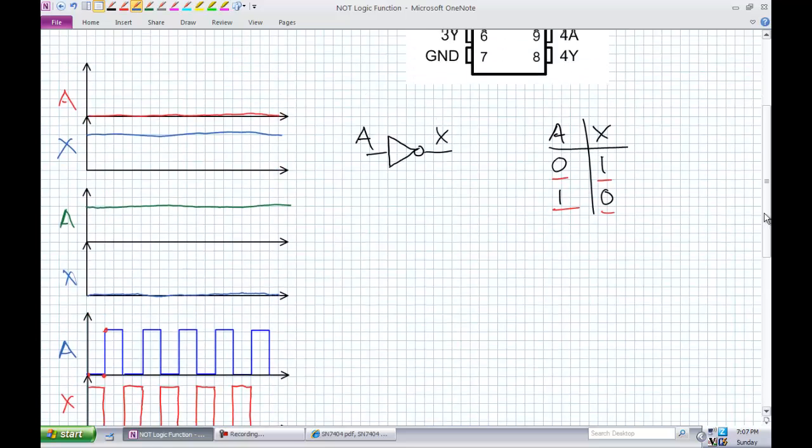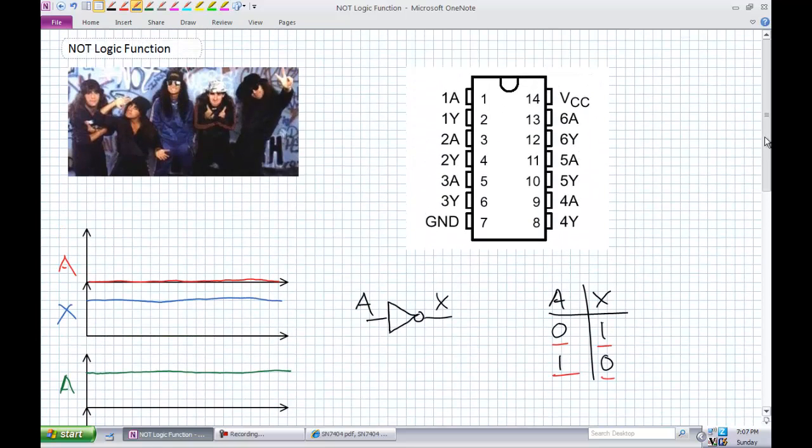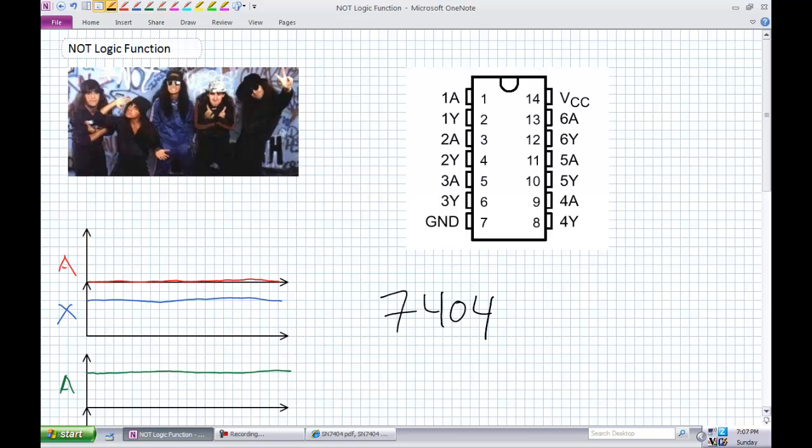So here up top, I have an image taken from a data sheet for the 7404. 7404 is what's known as a hex inverter. Why is it called a hex inverter? Because there's 1, 2, 3, 4, 5, 6 of them.